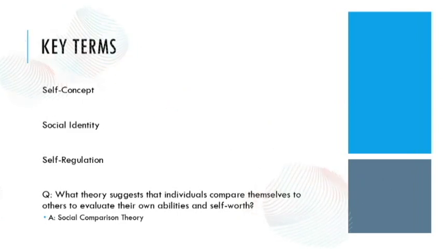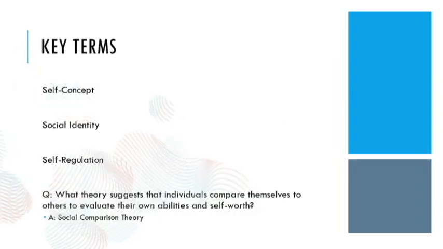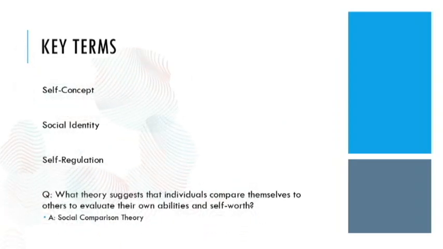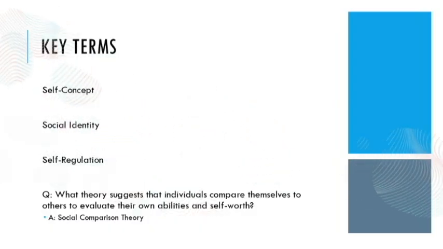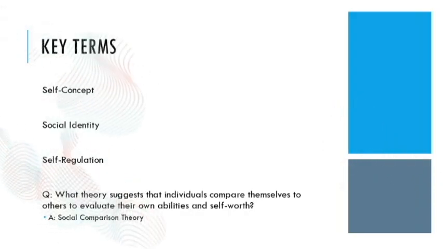And according to Higgins, discrepancies between these different selves can lead to various emotional outcomes. There's the actual-ideal discrepancy, and that's when individuals perceive a gap between their actual and ideal selves. They may experience feelings of disappointment, frustration, or sadness. And this can occur when personal goals are unmet or when one feels they are not living up to their own standards.